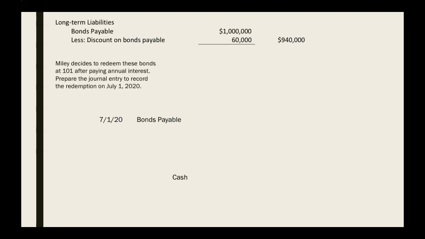So to get that balance off of our books, we credit discount on bonds payable. So we still have another account. You'll notice there's still a gap between bonds payable and our discount. But let's fill in the numbers that we know so far. Bonds payable, that was the $1 million. Discount, that was the $60,000.